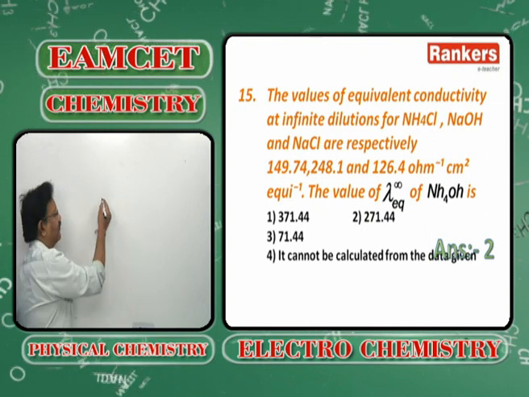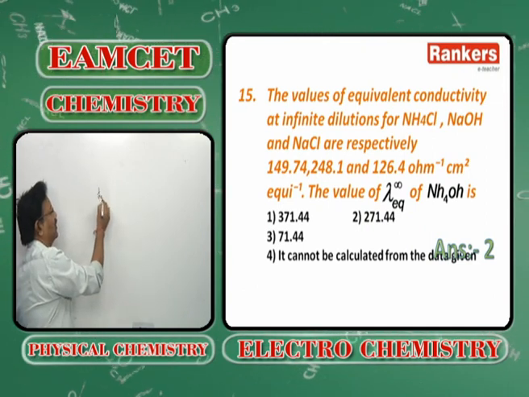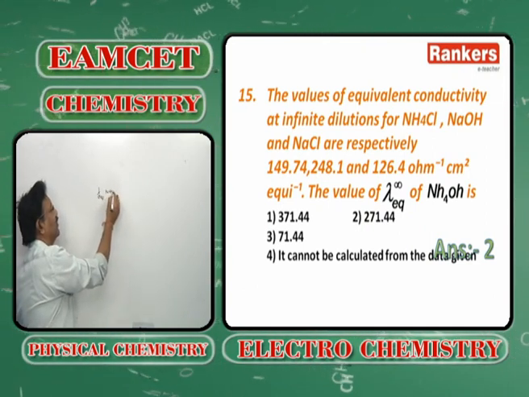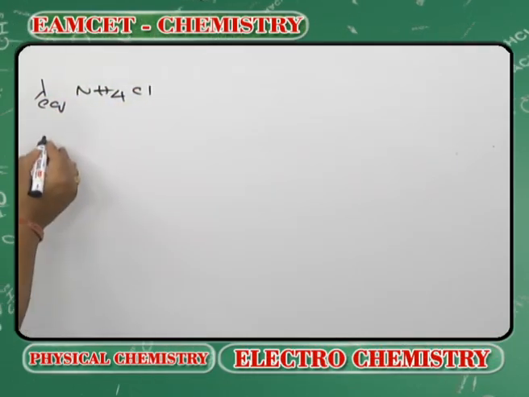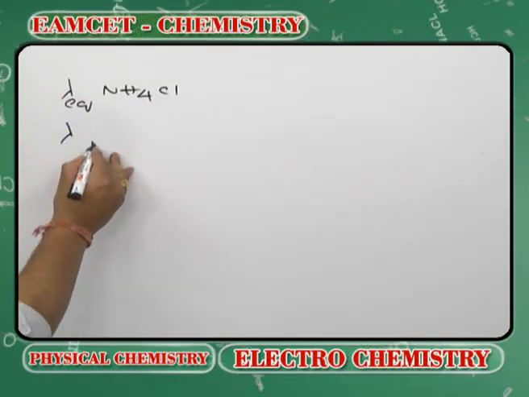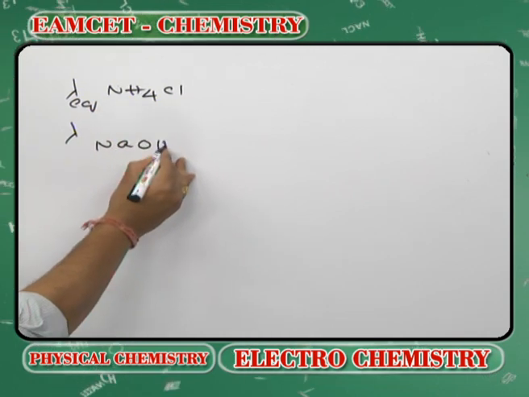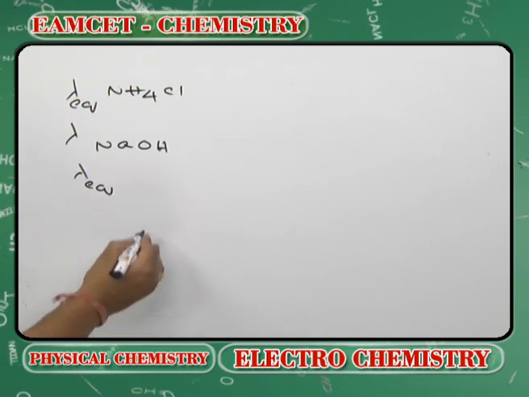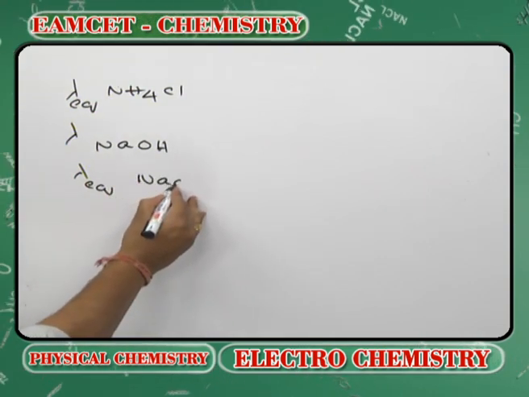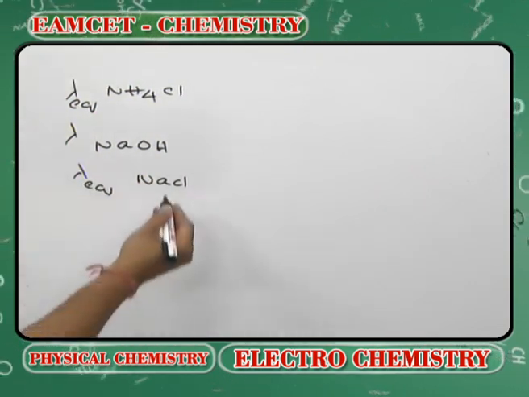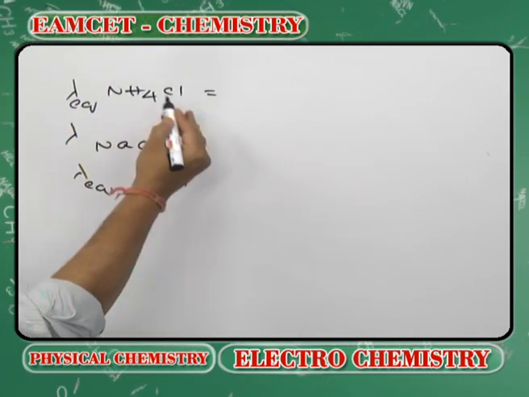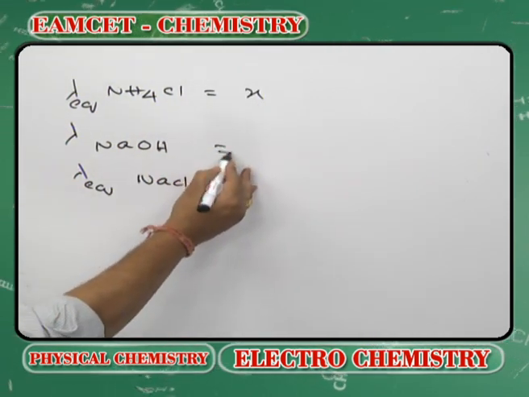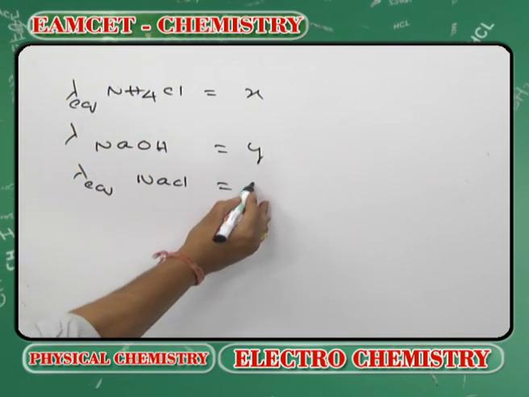Lambda equivalent of NH4Cl, lambda equivalent of NaOH and lambda equivalent of NaCl were given. For simplicity, let them be X, Y and Z.